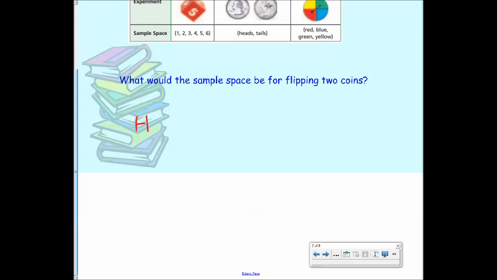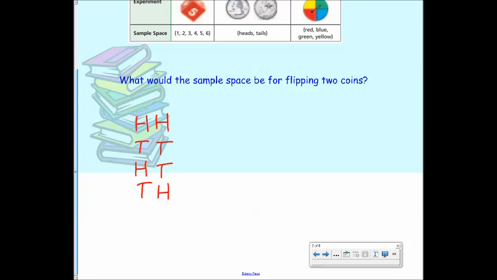So one of your options would be HH, which would be if you got what? Heads both times. So there's one of your options. What's another option? Tails, tails is another option. What's another option? Heads, tails. Tails, heads. Good. Are there any other combinations?